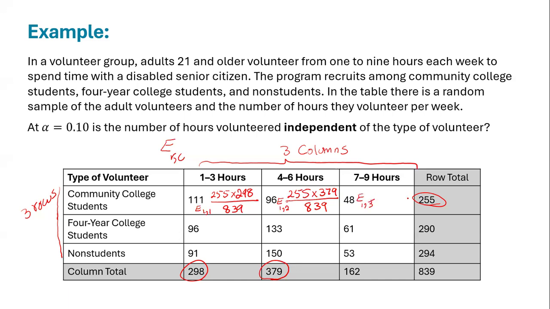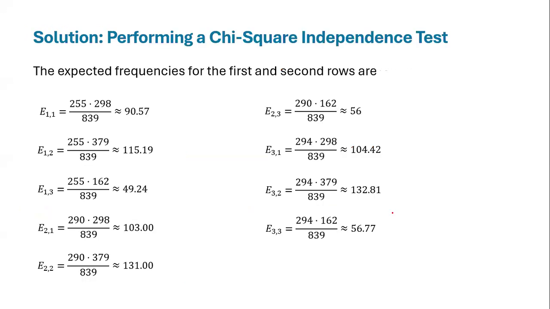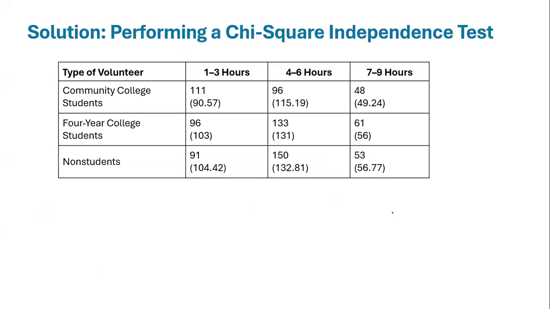That means we need the sum of the first row and the sum of the third column divided by the sample size. Then after finding all of those and simplifying all the fractions, we get the expected frequencies. And I put all the numbers, the observed and the expected frequency, here in this table.